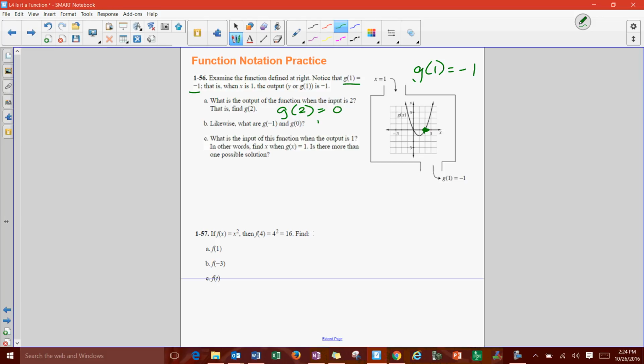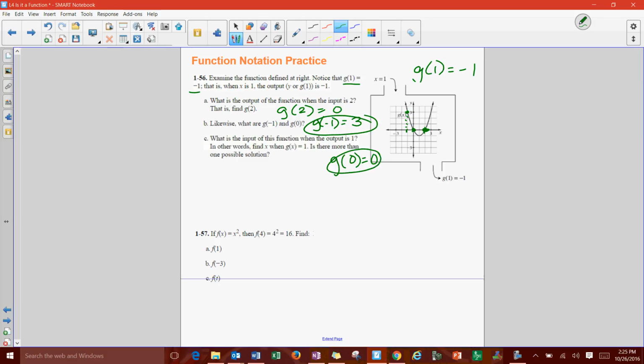So g of -1, when x is -1, let me go up here, that's that point right here. My y value is 3. And when x is 0, my y value is also 0, okay? So these were my answers to letter B.